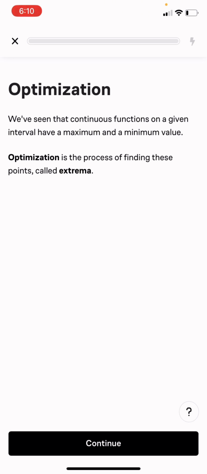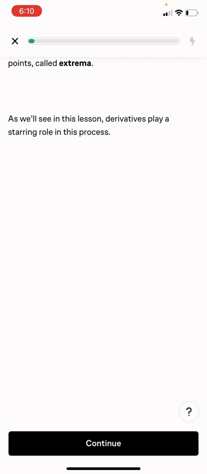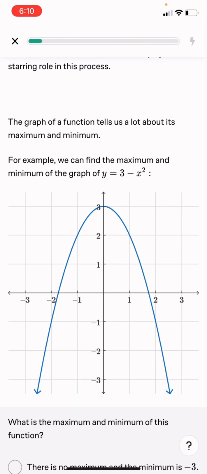We've seen that continuous functions on a given interval have a maximum and minimum value. Optimization is a process of finding these points called extrema. As we'll see in this lesson, derivatives play a starring role in this process.